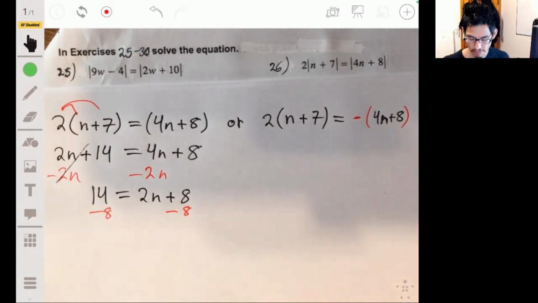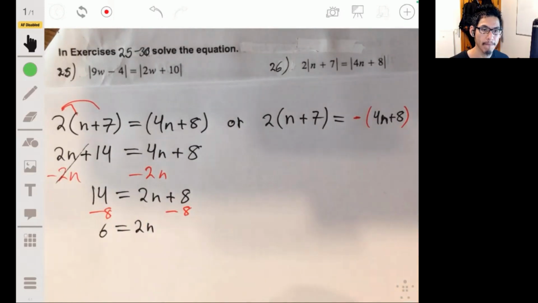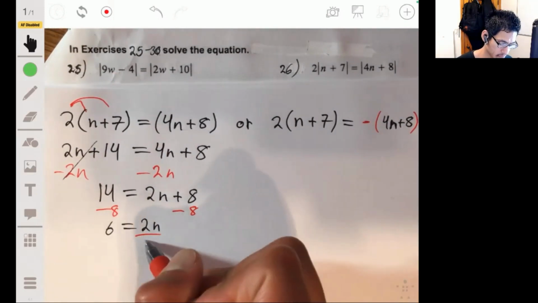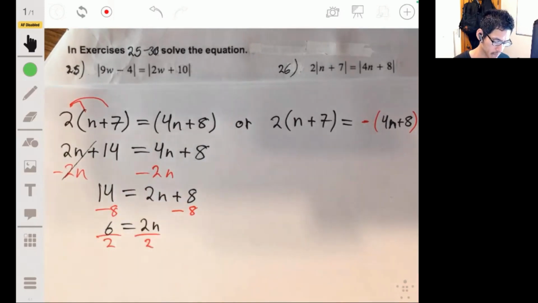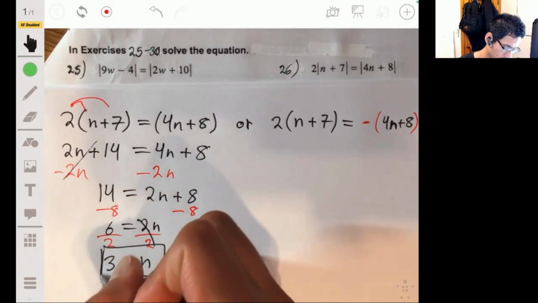Take away 8. Back up. 6 equals 2n. Divide by 2. 3 equals n. Ba-bang.